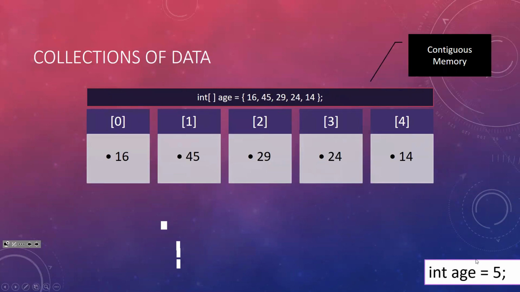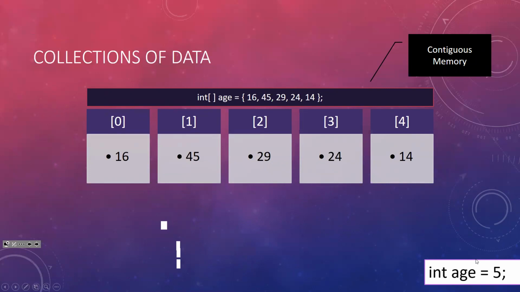So if I use opening and closing curly braces, I can just specify a list of entries to initialize that array. So if we look at this array now, as soon as this line of code runs, we have this array allocated in memory named age. Index position 0 of the array has the value 16.